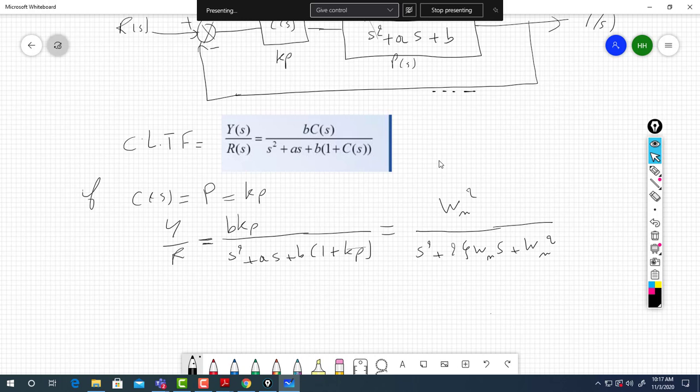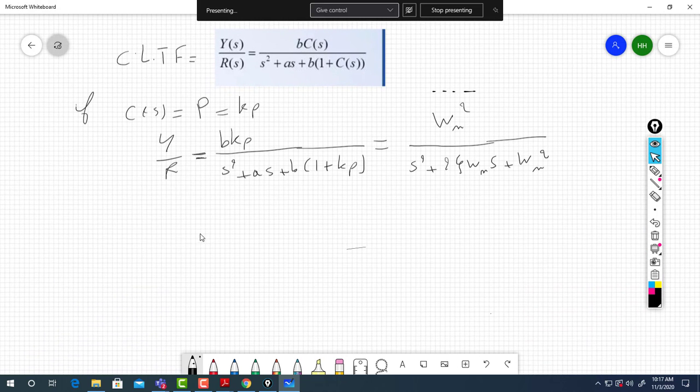Again, as a first order approximation, we don't have exactly the same denominator here and here, but I can still, as a first order approximation, get a starting point for Kp that satisfies your requirement.